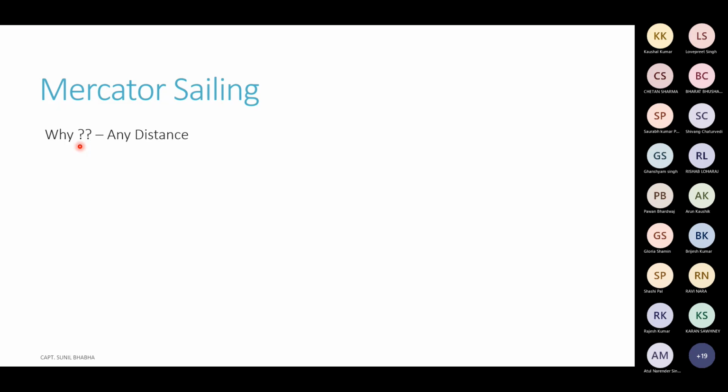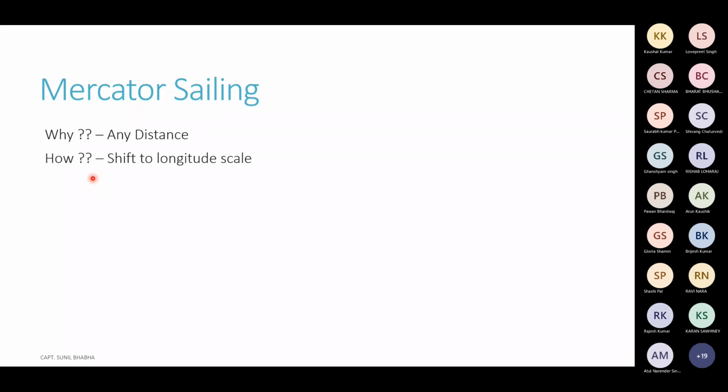For more than 600 miles, using plane trigonometry on the curved, three-dimensional surface of the Earth introduces appreciable errors which are significant and cannot be neglected anymore. So we use Mercator sailing. Mercator sailing gives us accurate results irrespective of whether the distance is less than or greater than 600 miles.